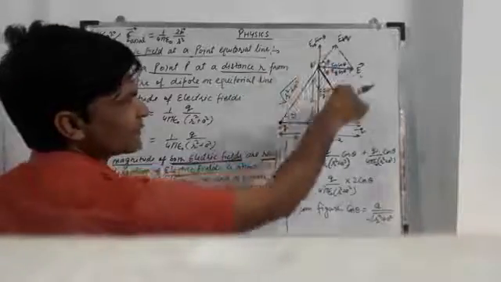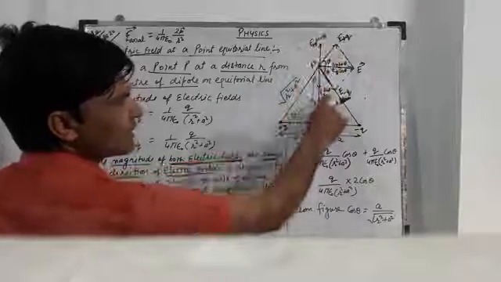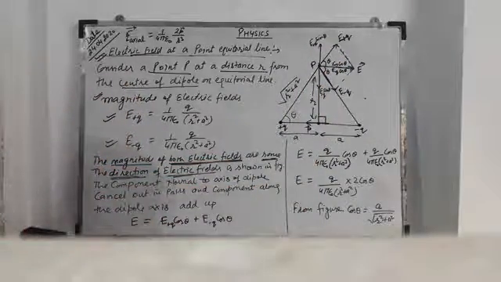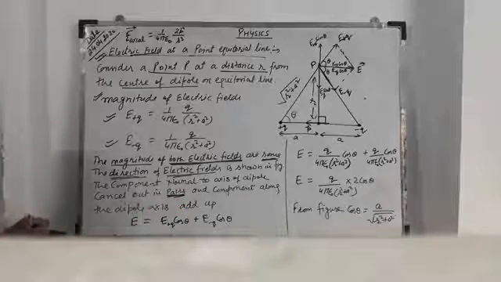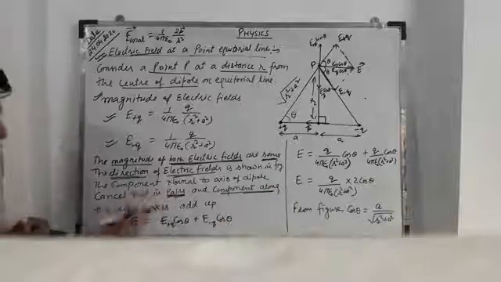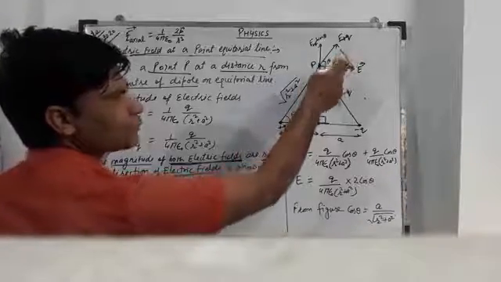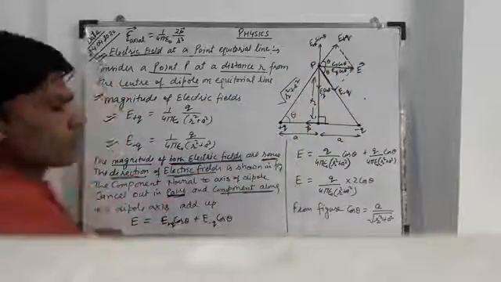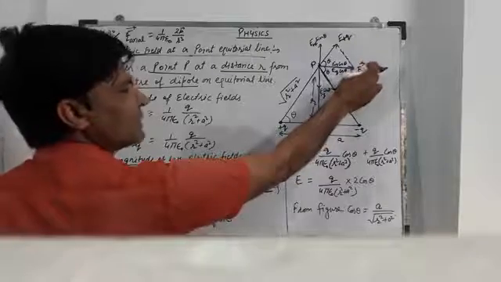You can see from the diagram that the normal components, E plus q sin theta and E minus q sin theta, cancel out in pairs, and the components along the dipole axis add up. That is E plus q cos theta and E minus q cos theta, and we get the resultant electric field E.